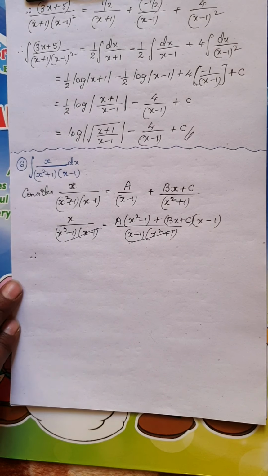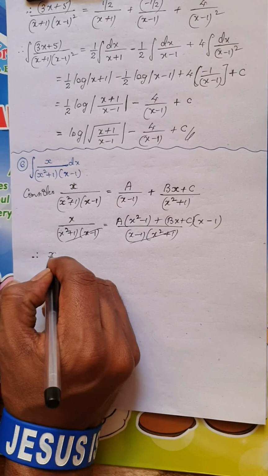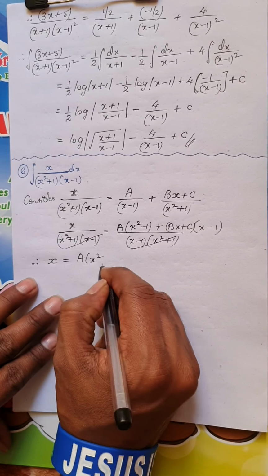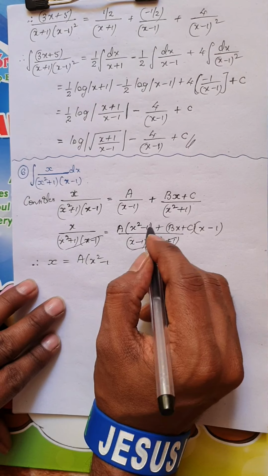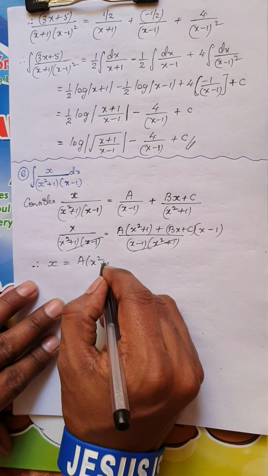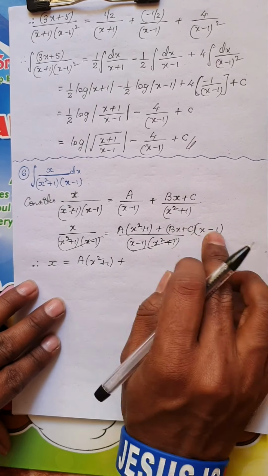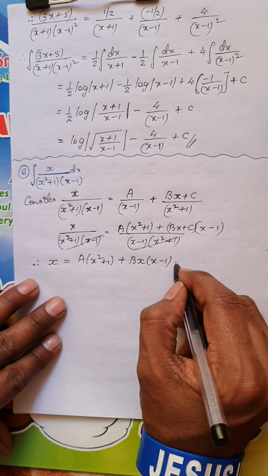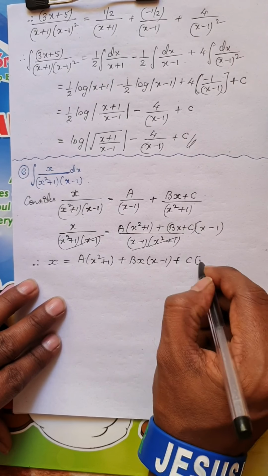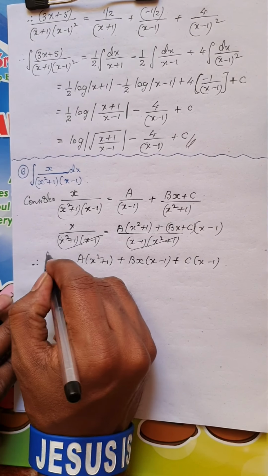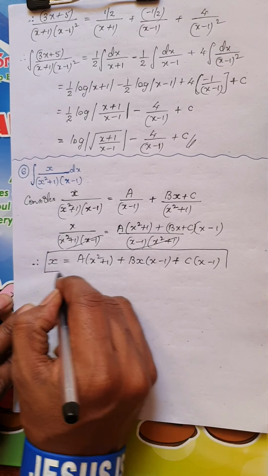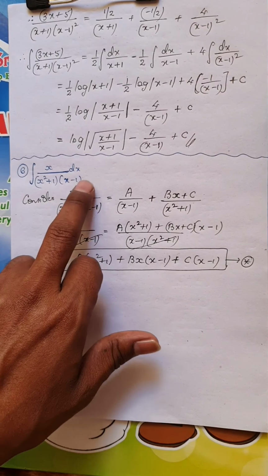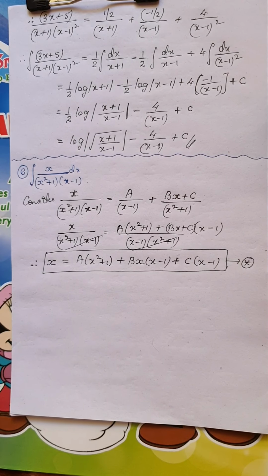Don't write c directly; the whole bx plus c is multiplied by x minus 1. So, x is equal to a into (x square plus 1) plus b into x into (x minus 1) plus c into (x minus 1). Remember this very important step, because this is a new pattern of splitting the given function into partial fractions.